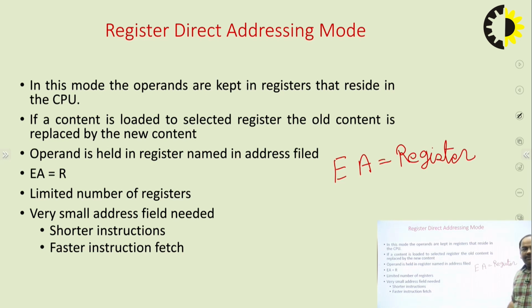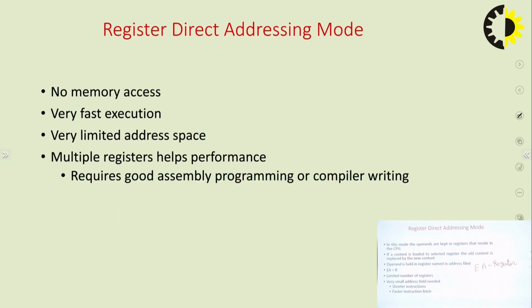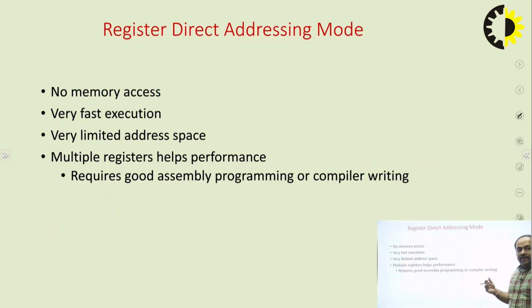A small address field is needed, hence the instructions are shorter and the fetching of the instruction is faster than direct addressing or indirect addressing mode. We don't need any memory access. We need very limited address space.